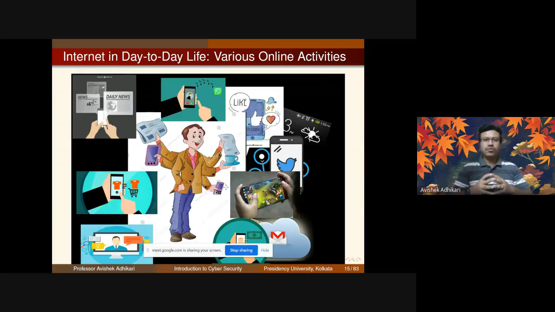Or sometimes we use our internet for buying something online. There we also need to give information about our credit card details or debit card details. And at the end, you have to put some PIN or some OTP. So everywhere we need to have some password kind of things.